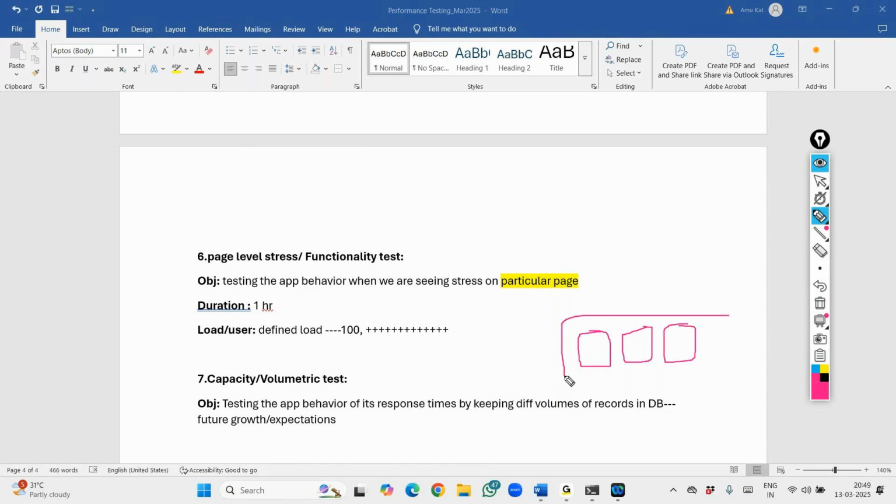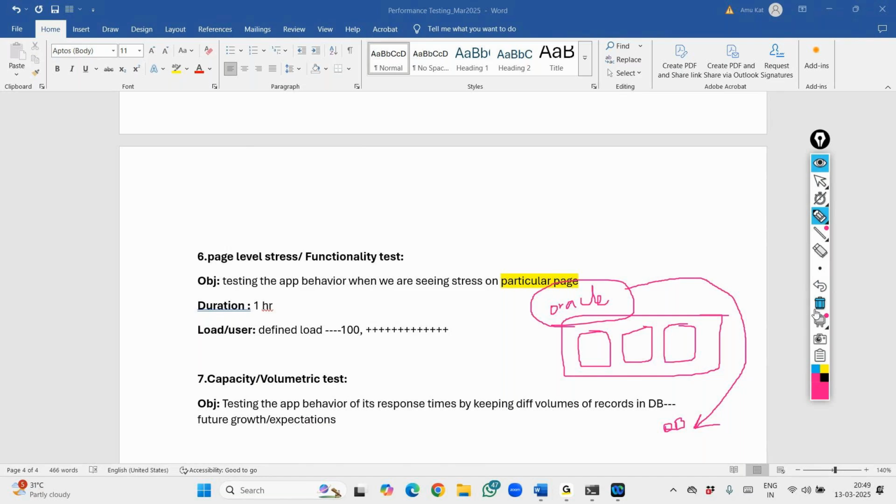Suppose earlier it was with Oracle, and now they are planning to switch to a new DB. Suppose Domino's has been handling one of the DBs for the last few years, and now they just want to go ahead with an update of their DB. So they will push all the DB records to another DB.